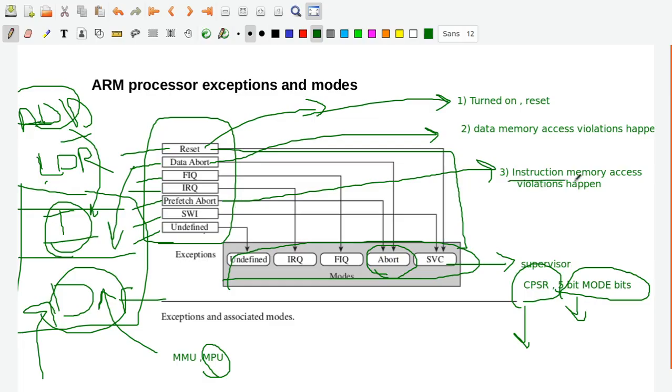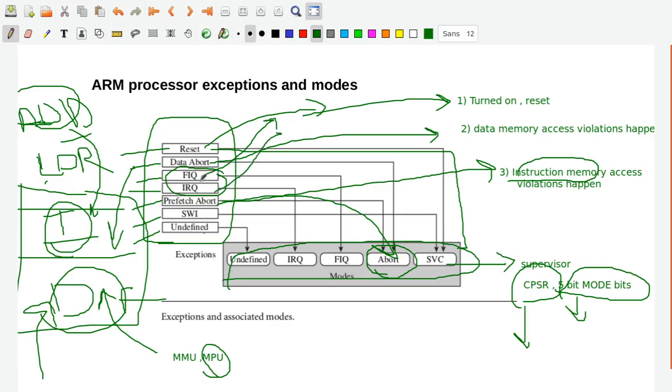At that time an instruction memory access violation happens, the prefetch abort exception is thrown, and your processor switches to the abort mode. Similarly, you have these two external interrupts: this is fast interrupt request, FIQ, and this is interrupt request, IRQ.